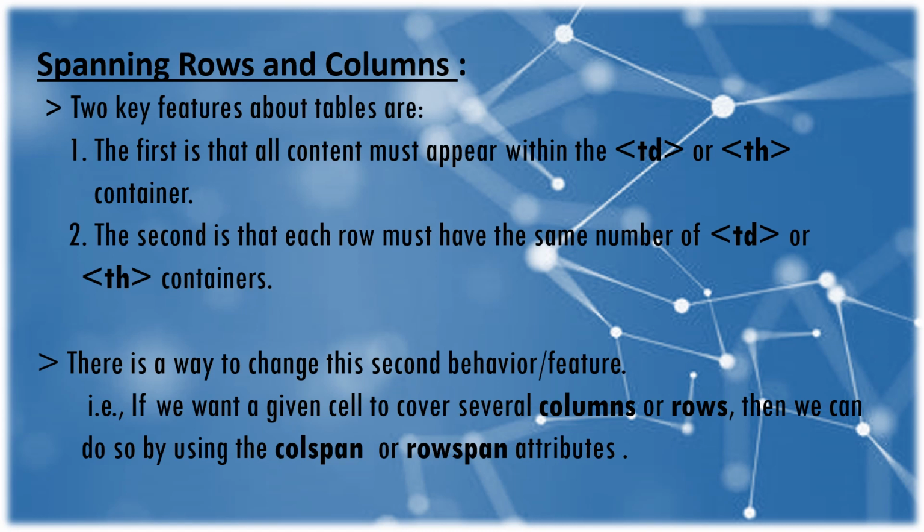There is a way to change the second behavior, that is the same number of table data cells or table headings. If we want a given cell to cover several columns or rows, then we can do so by using the colspan or rowspan attribute. Using colspan, that is the column span, or the rowspan attribute, we can change the second behavior or feature.